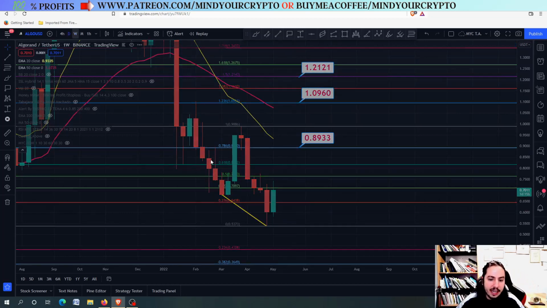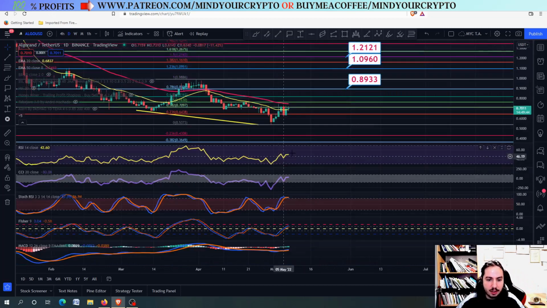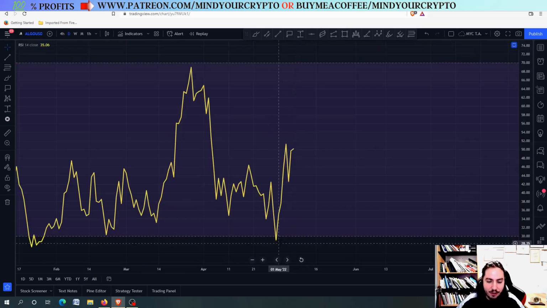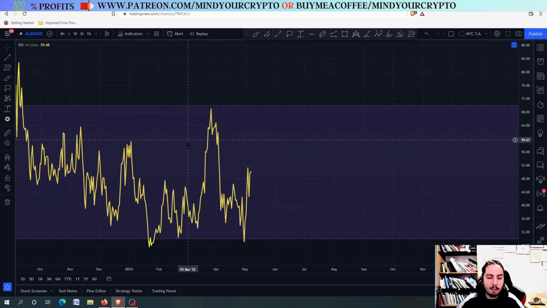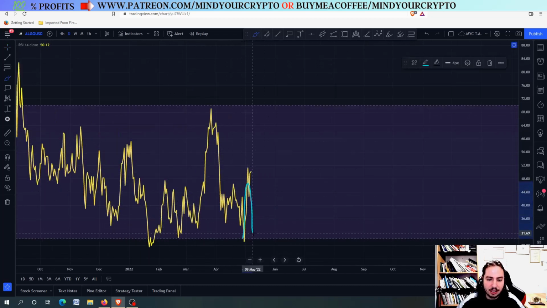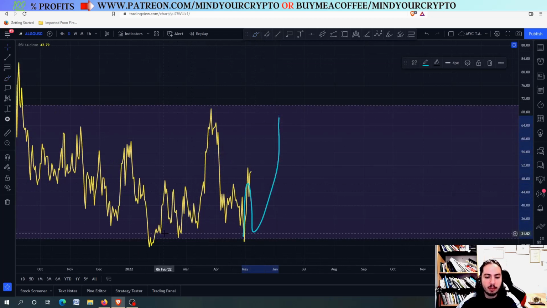Of course, on the daily frame, we do not have a crazy bullish RSI divergence, but we had this very low RSI here, in which usually we either go upwards all the way, or we do something like this, go back down, and then go upwards, just like we did back on 8th February and 22nd February.